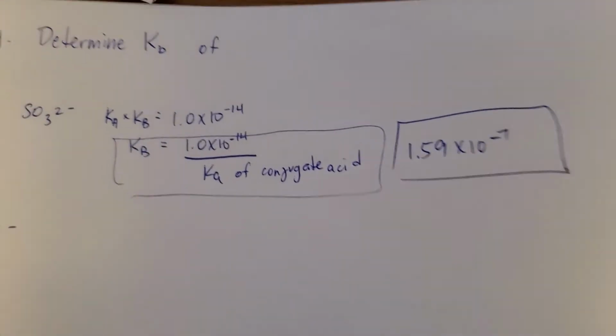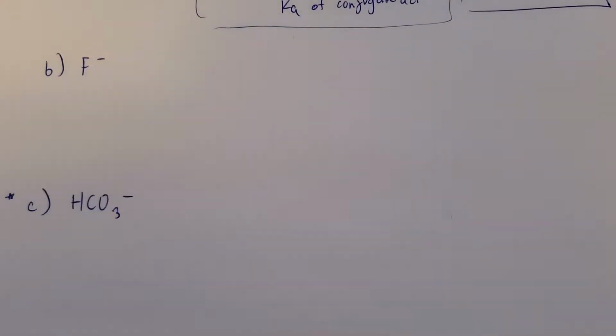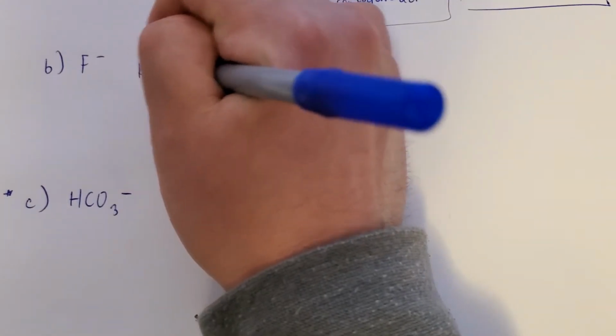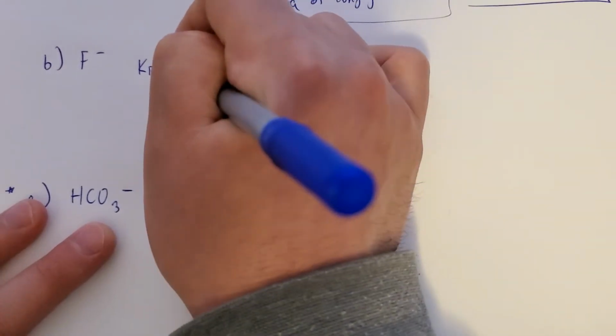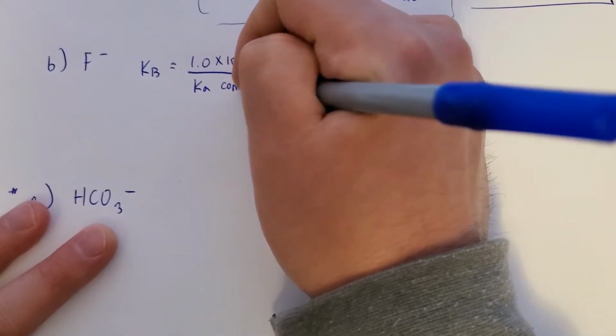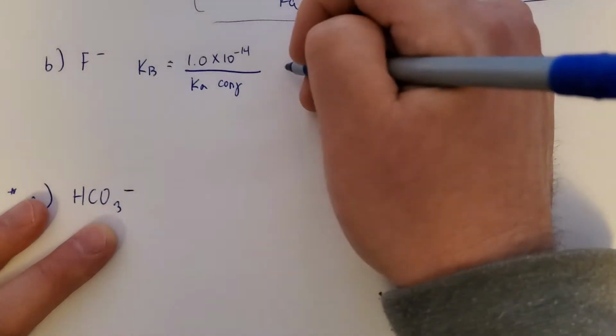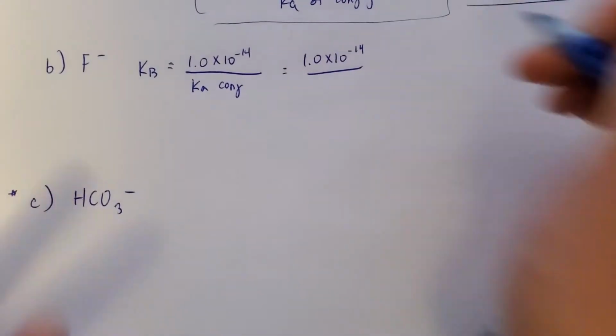Okay, I got a couple more. Part B is the same. Part C I put a star beside because there's something that can go wrong, and I'm going to help you with that. So Kb equals 1.0 times 10 to the negative 14 divided by Ka of the conjugate. Maybe I'll just write it like this, Ka conj. Be a little more formal here and actually write it down this time.